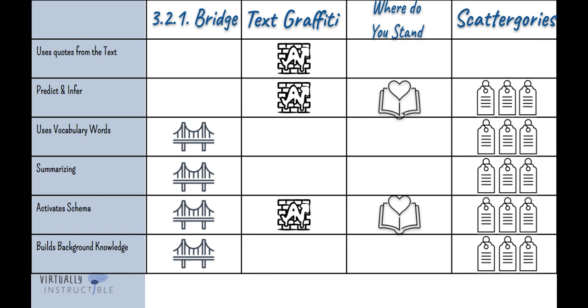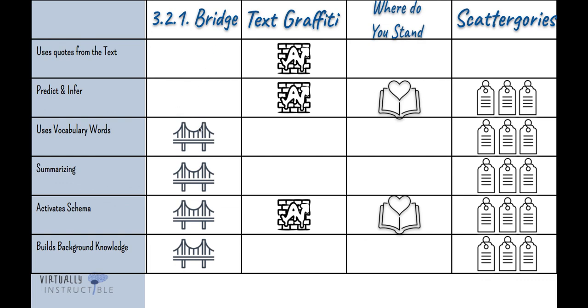This activity that we talked about today, where do you stand, theme anticipation, whatever you want to call it, involves predicting and inferring and activating schema. Text graffiti, activating schema, predicting and inferring, using quotes from the text. So that's one where you have to use quotes from the text to set that up.